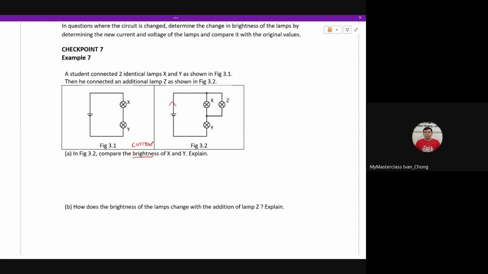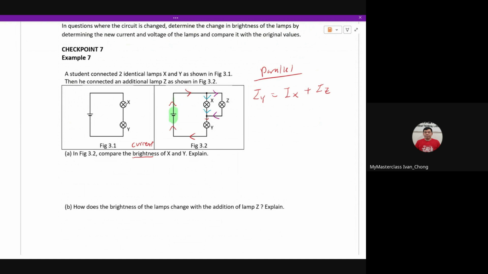So you can see over here, as current flows through, because of this small little dot, the current will split into two parts, because this part is parallel, right? And then you'll merge back again and flow like this. So you can see that the current of Y is actually the current of X plus the current of Z, because this is a parallel part for your chunk over here.